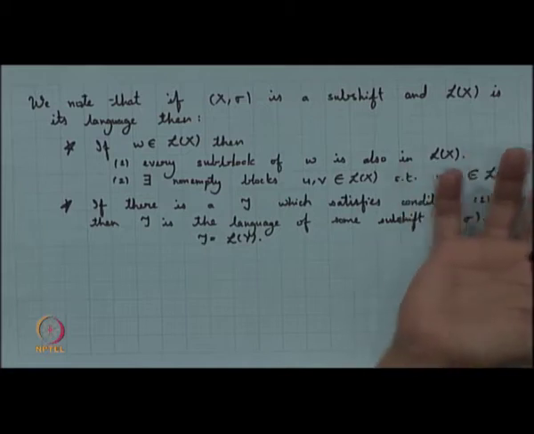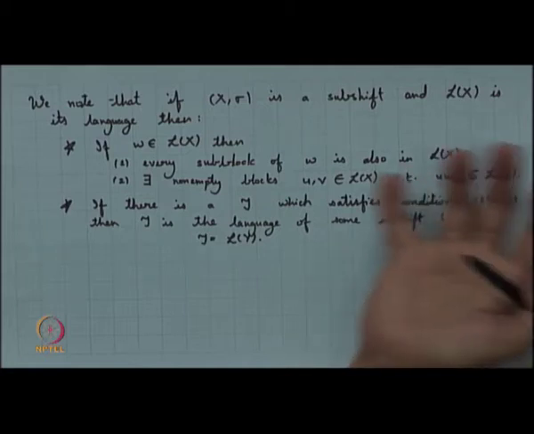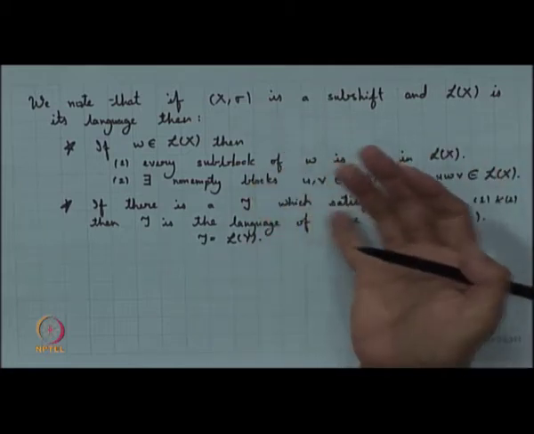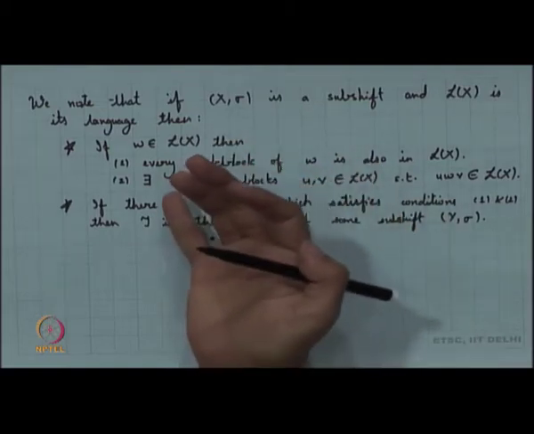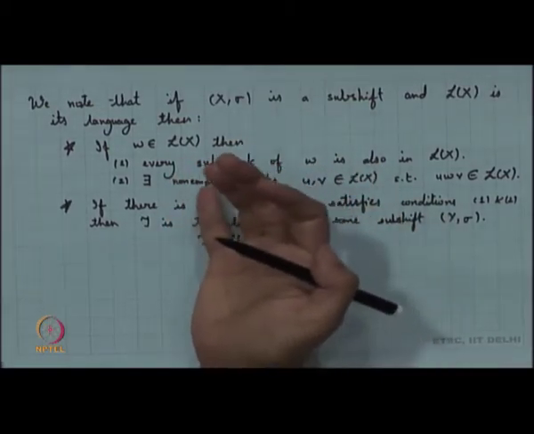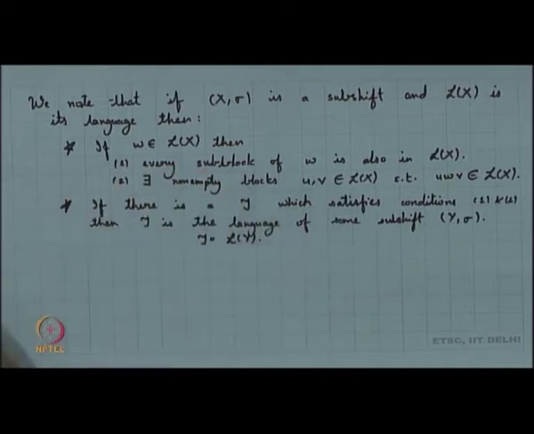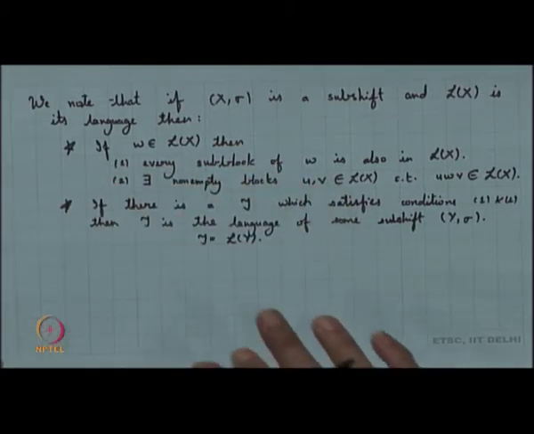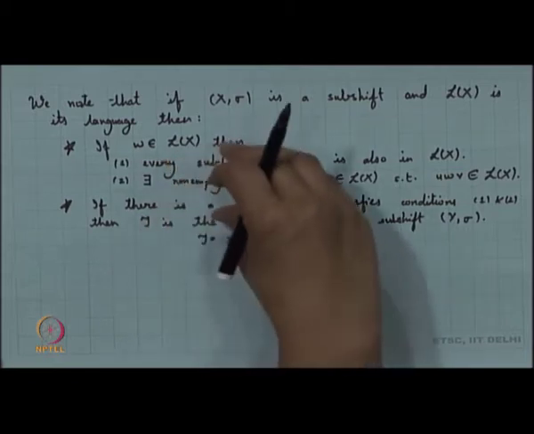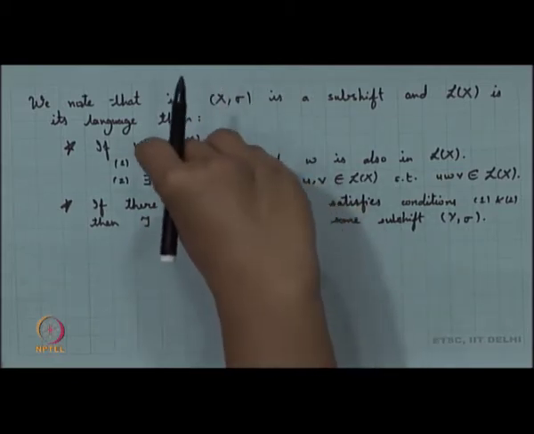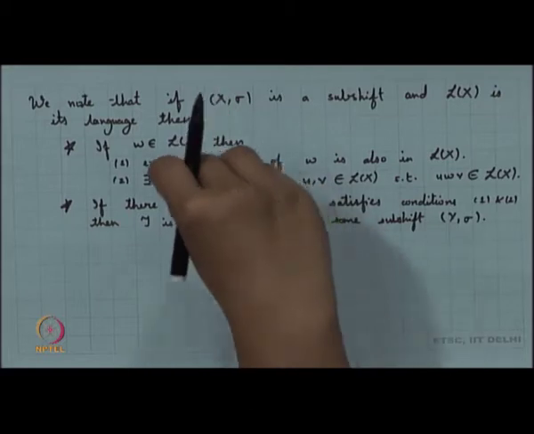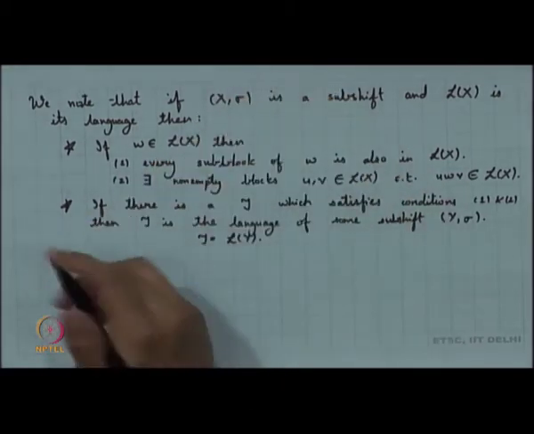And so, you can say that this is basically a typical property which tells you the characteristic of any language of a shift space. So, this is basically your language, and so we can say that to a large extent the language of a shift space determines the shift space.